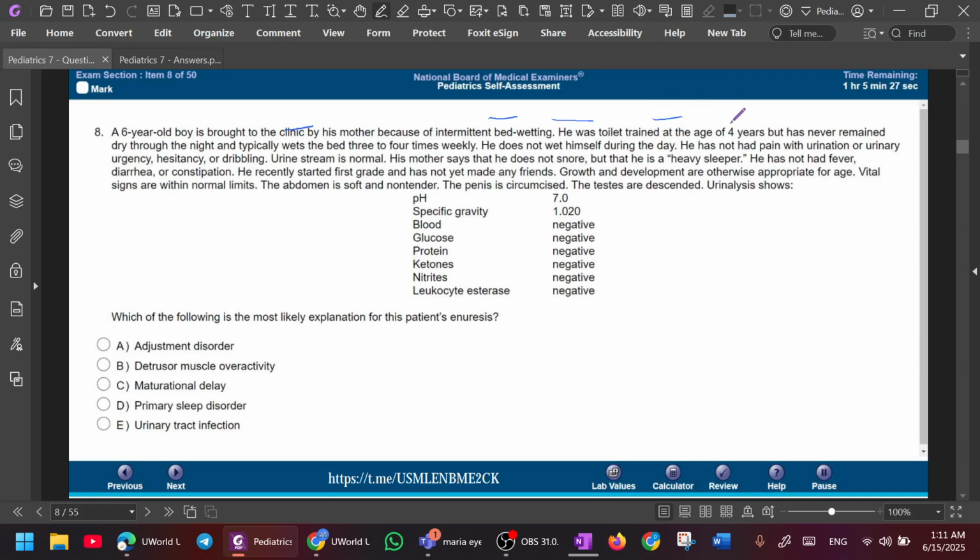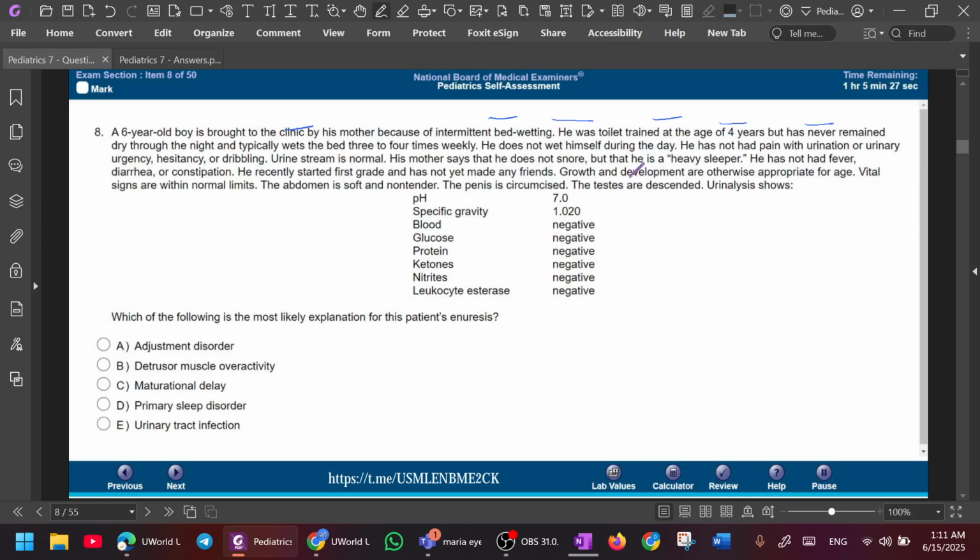He was toilet trained at age 4 years but has never remained dry through the night and typically wets the bed 3 to 4 times weekly. He does not wet himself during the day. He has not had pain with urination, urinary urgency, hesitancy, or dribbling. Urine stream is normal.